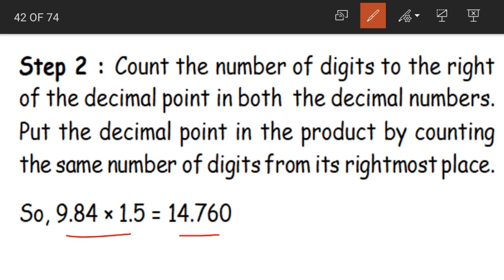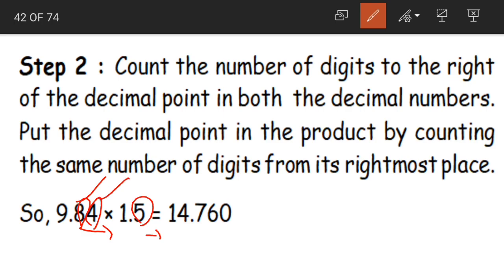How? In 9.84 we have a decimal point after 2 digits from the right. How many digits from the right? 2 digits from the right. And in 1.5 we have a decimal point after 1 digit from the right. In total, how many digits do we have? 1, 2 and 3.